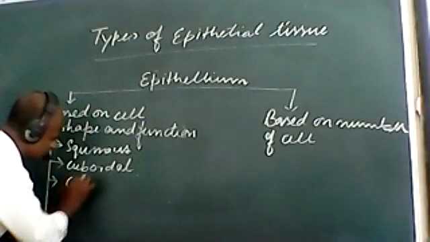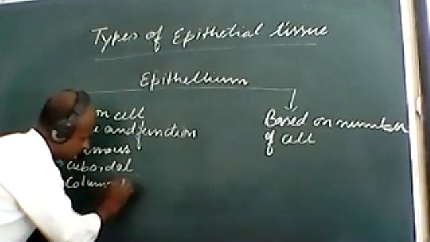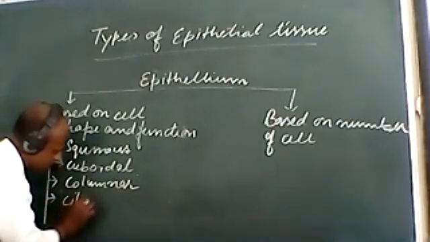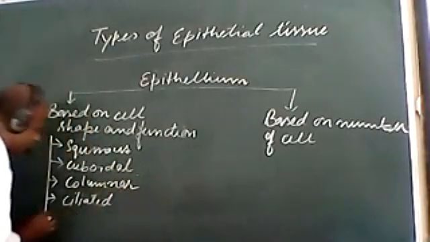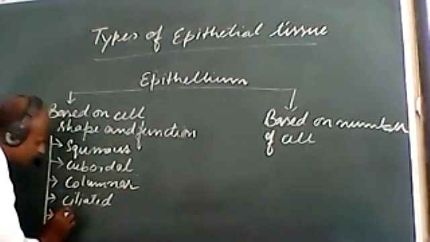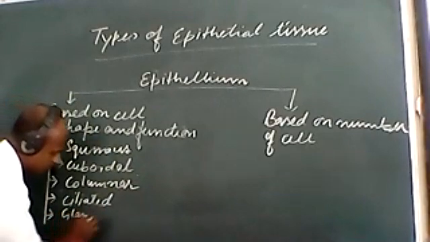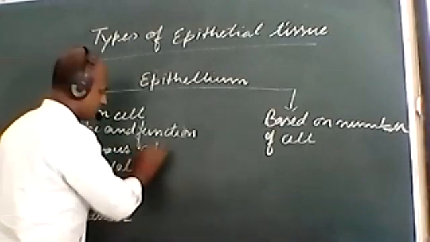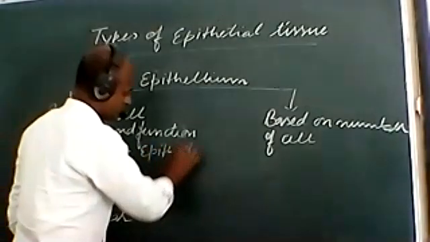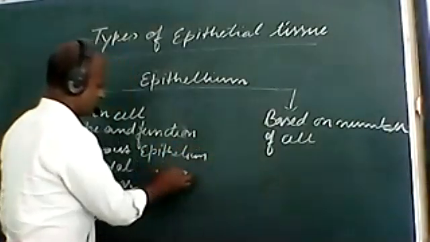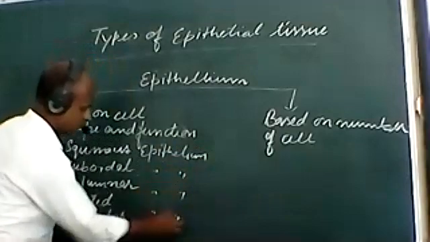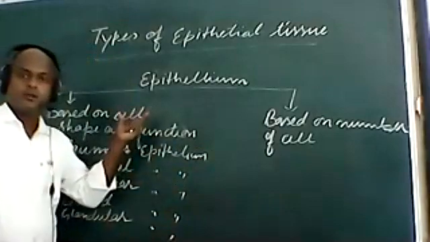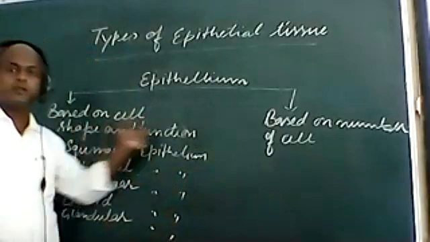The third one is columnar, ciliated, and one more is also given, glandular. These are the different types of epithelium on the basis of shape and function.